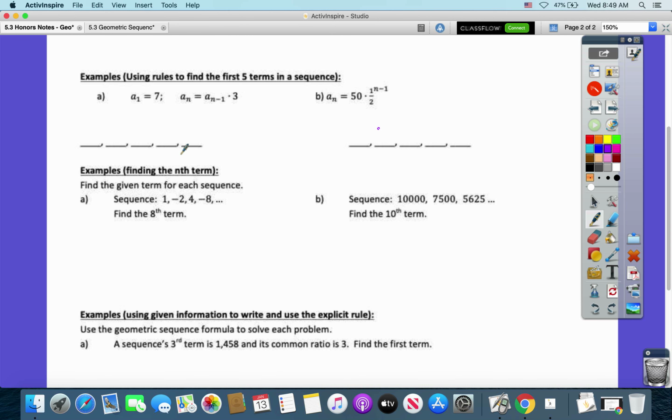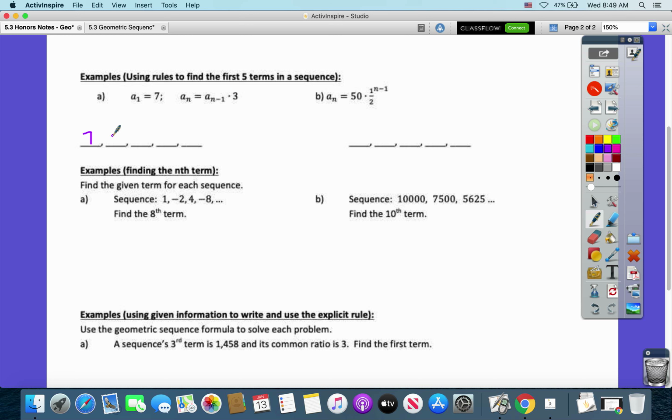Second set of examples, we have using the rules to find the first 5 terms in a sequence. So as long as we understand what these variables mean, this one's not too hard. We know the first term is 7. And we know that this rule tells us to find any term, take the previous one, and multiply by 3.